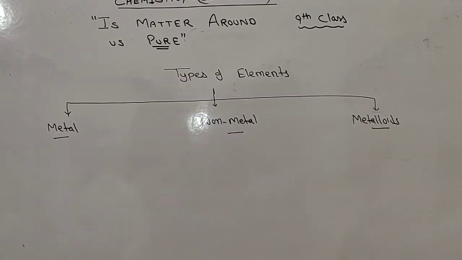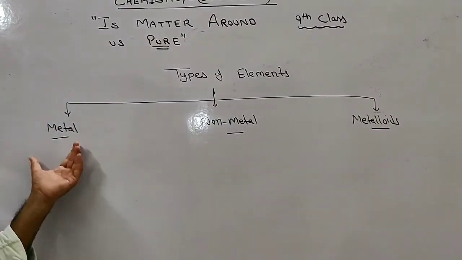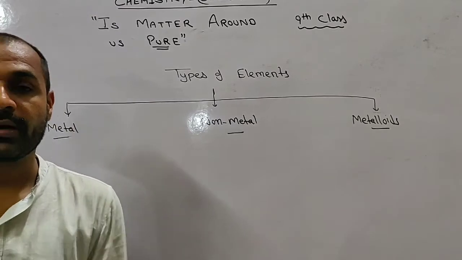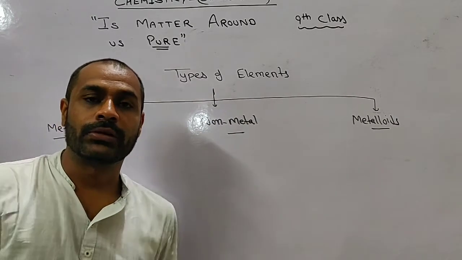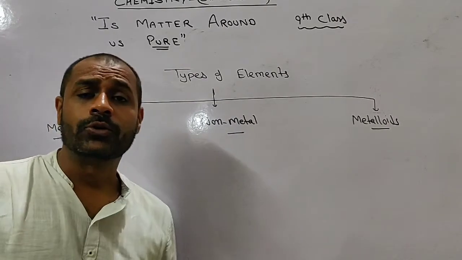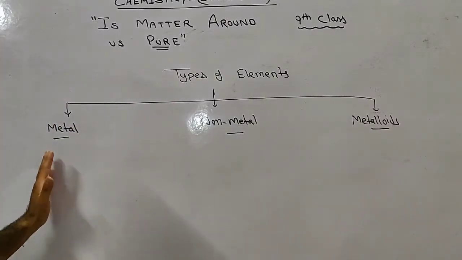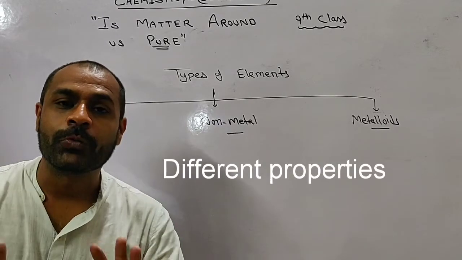Elements can be divided into three parts. One is metal, the second is non-metal, and the third is metalloids. One by one we will discuss the properties of metals, non-metals and metalloids. Metals and non-metals have totally different properties from each other.